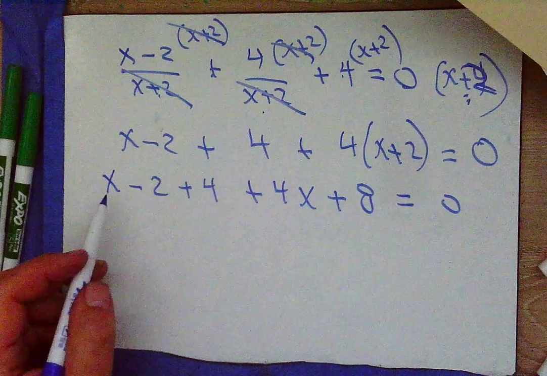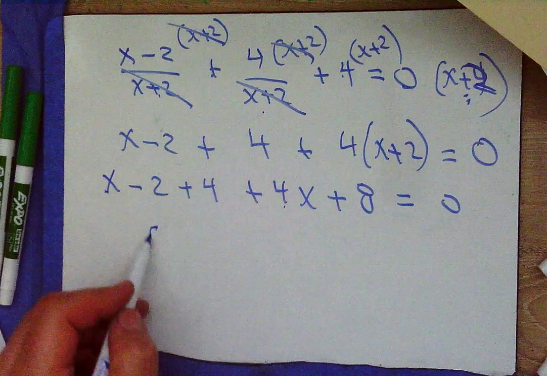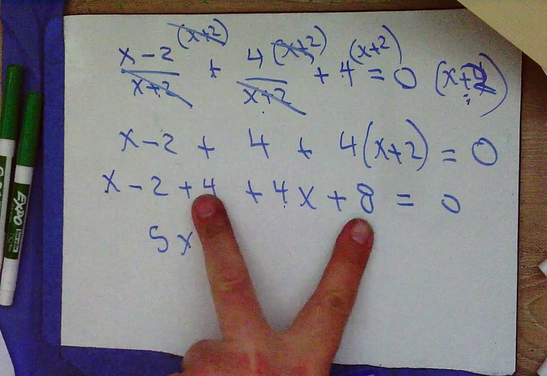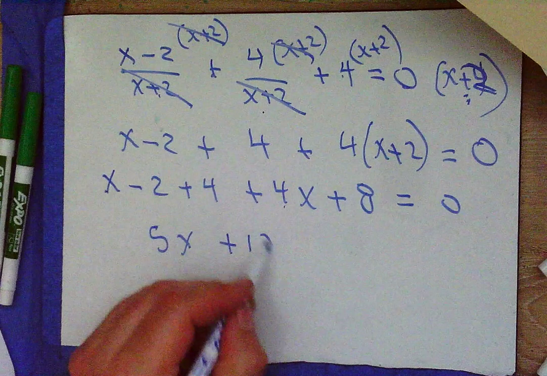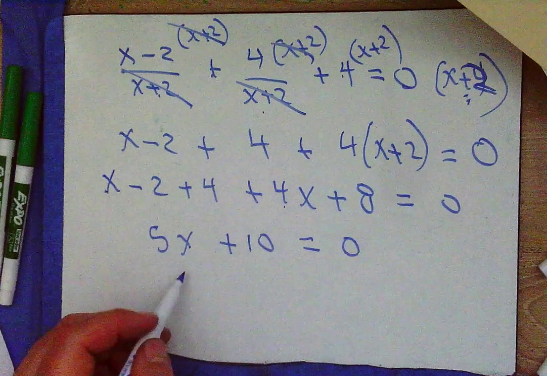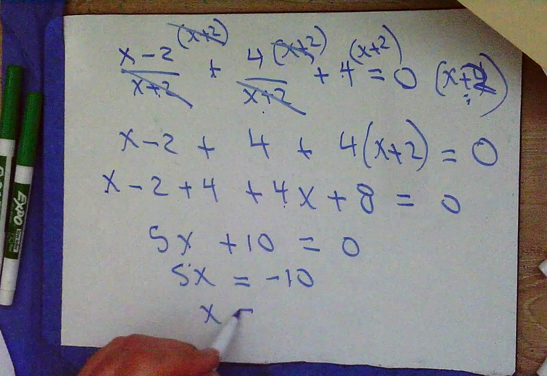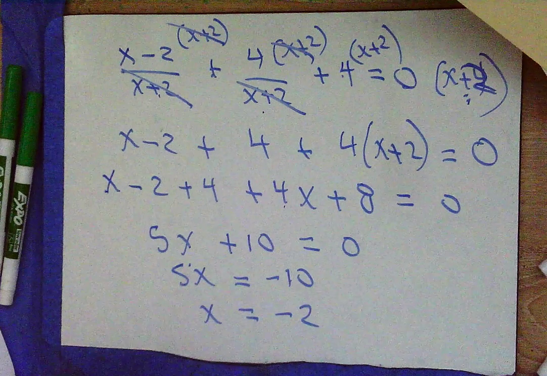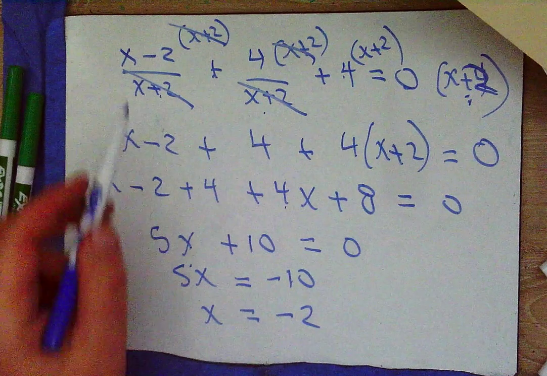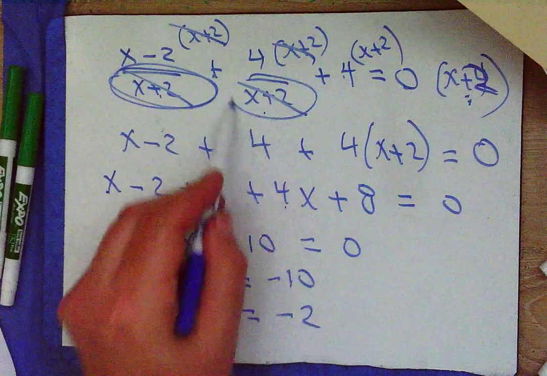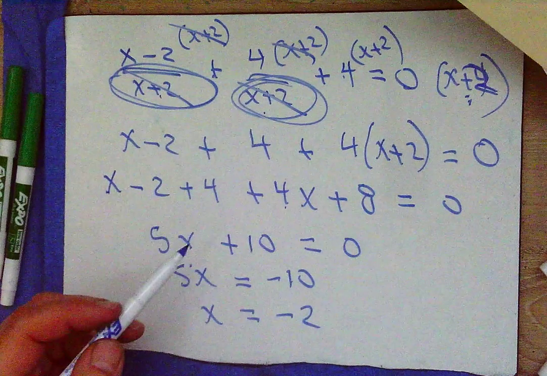And now let's combine the terms. I get 5x. I've got 12 minus 2, which is 10. And so I get 5x equals negative 10, or x equals negative 2. Isn't that a solution? Well, wait a minute. This is a must check because I got x stuff in the denominator.